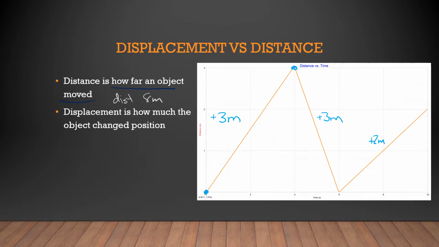Now if we compare that to displacement, it's different. Displacement is more about how much you've moved relative to the origin, not how far you've gone, but how much different your position is than where you initially started. For example, we take 0, 0 as our initial position, and after 10 seconds, we ended up 2 meters away.